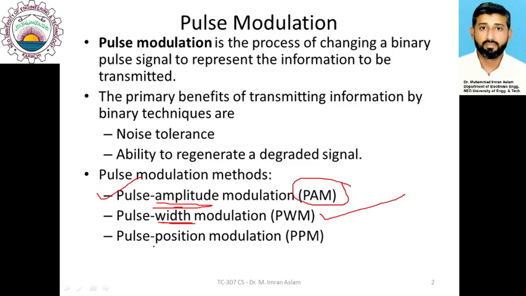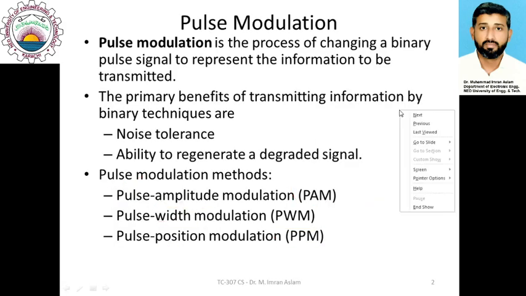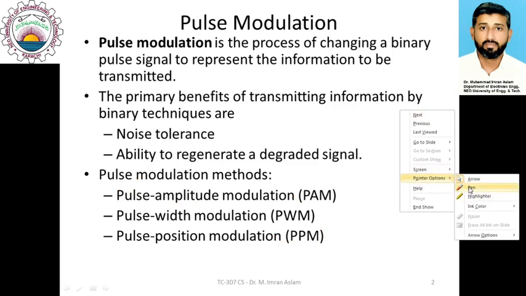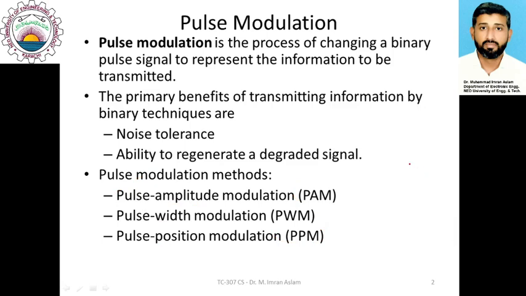Another possibility of representing the information in the form of pulses is to use different positions of the pulses to represent the information. So we place the pulses at different positions to represent the information content. This type of scheme is called pulse position modulation. These are the three major categories of pulse modulation that are commonly used.